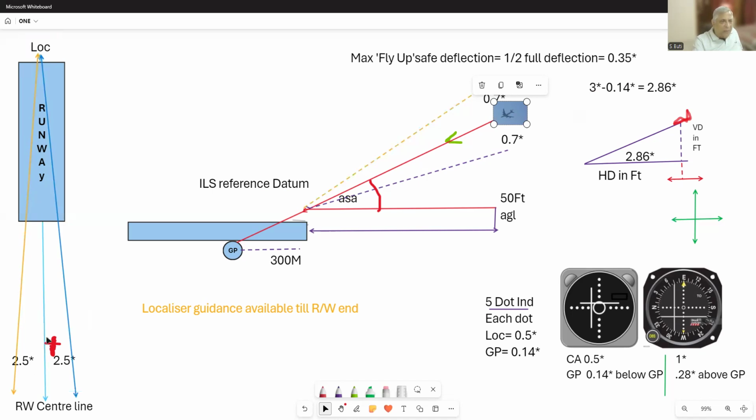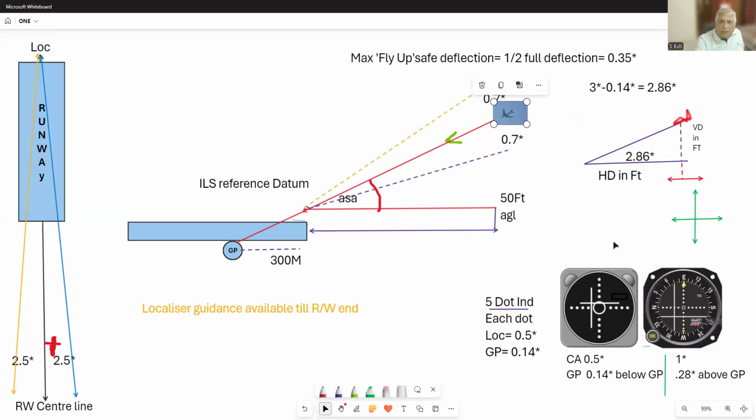While tracking inbound, the blue lobe on your right-hand side is 150 hertz, and a yellow sector of 90 hertz is on your left. If you are on this line, it is called an equal signal line. You will receive equal signal from both these lobes, 150 and 90 hertz, and the needle will remain in the center. Here it has gone off center.